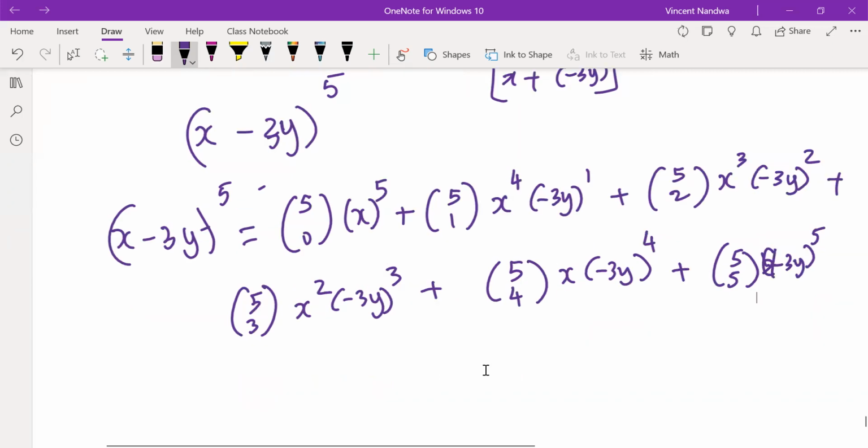So 5 combination 0 is 1, so I'll have just x power 5.